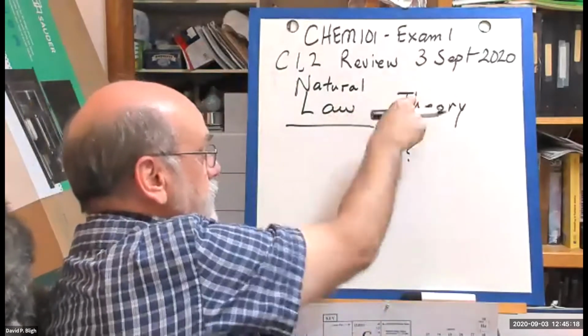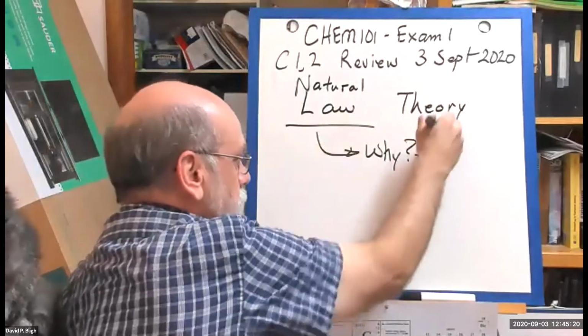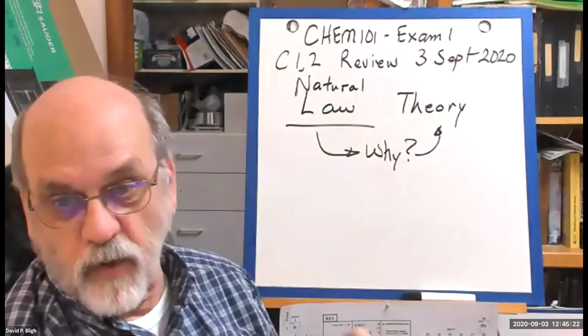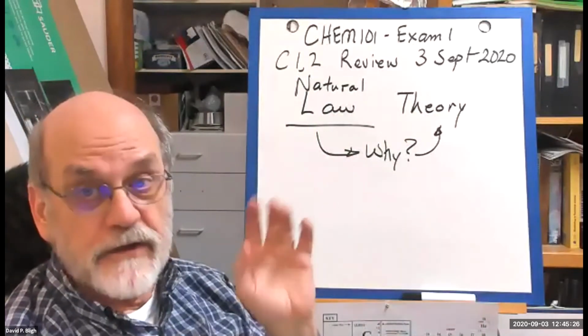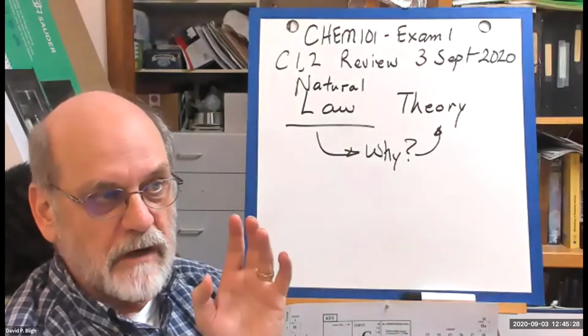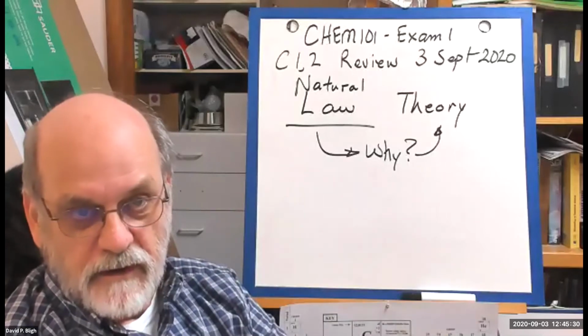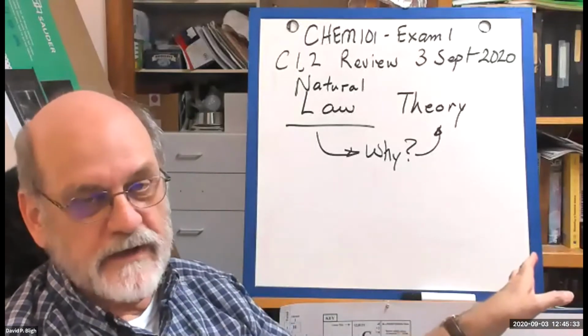To get from here to here, you ask yourself why. The natural law just says, this is what happens if these are the circumstances, that this is the input, get the same output every time.